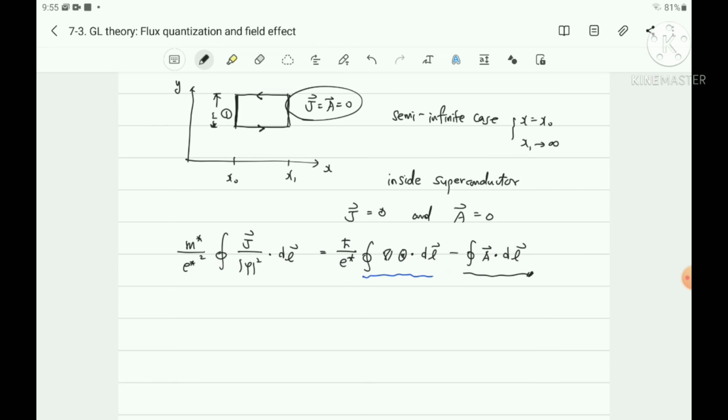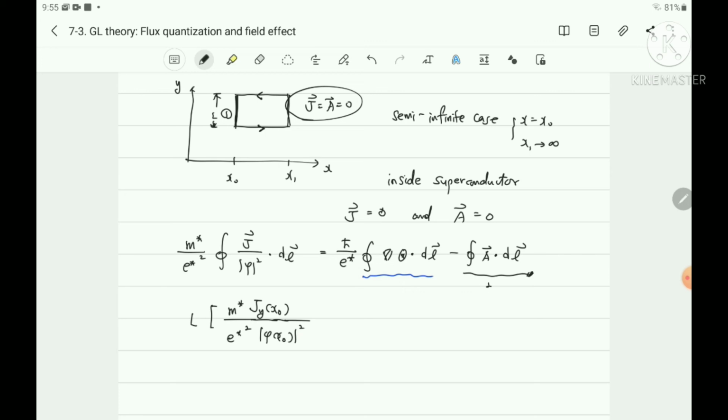The first term, the line integral, say that it is a length L, and m star, and carrier density, jy component, at x0, and it is e star square and phi x0 square. It is the first term.